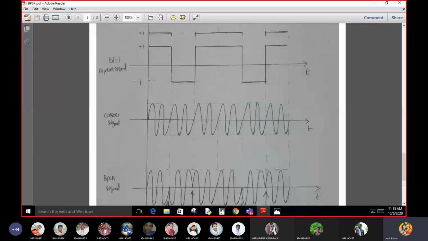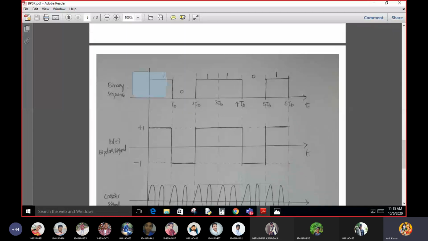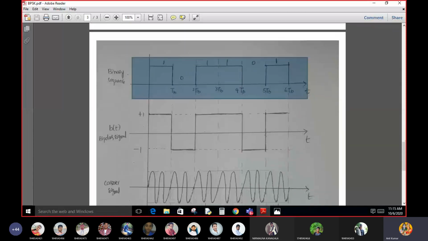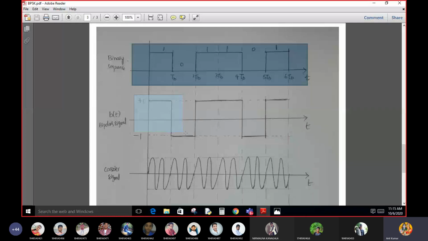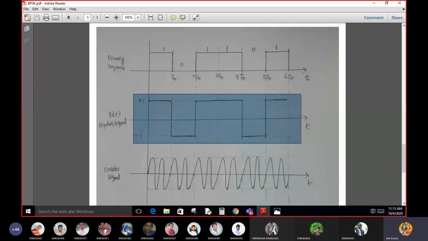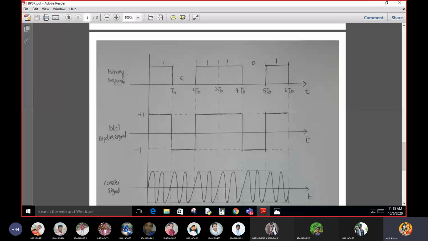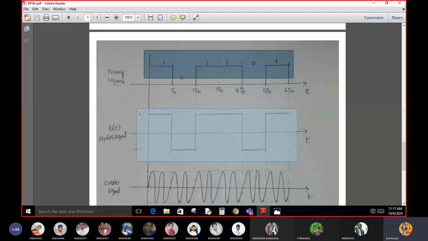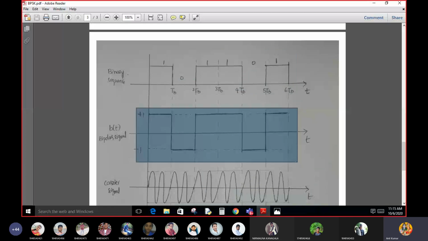So now everyone, this is the binary sequence. This binary sequence is converted into a bipolar signal by using a line coding technique. So this particular binary sequence is converted into electrical format by using the bipolar non-return to zero line coding technique.